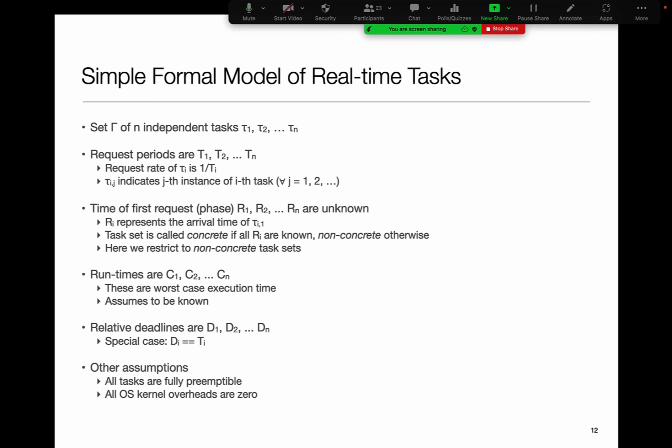I'm giving you a concrete instance of the problem. Everything about timing, how the future looks, is known, and again, it may be computationally challenging, but at least in principle, you can develop a schedule at design time. You can say, I'm going to run this copy of the task on this processor at this time. You can work everything out.